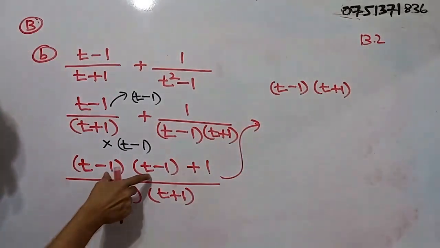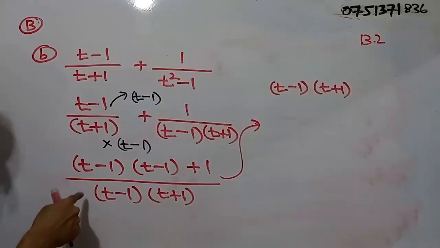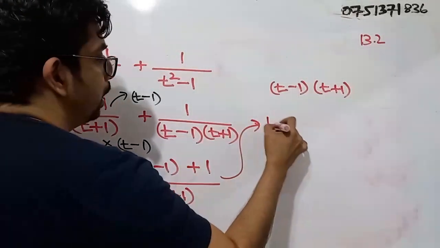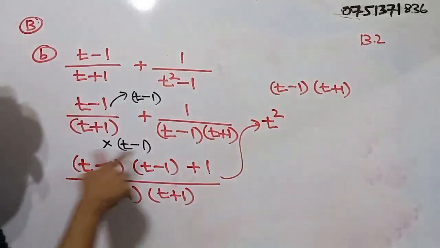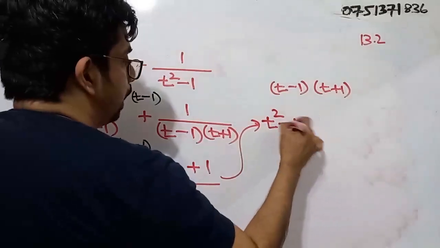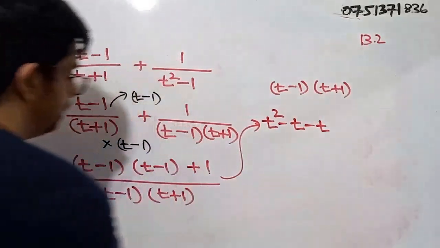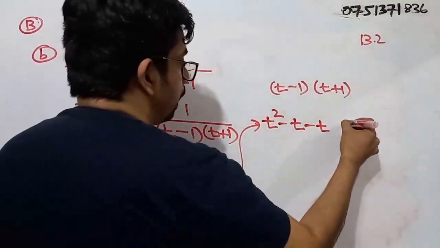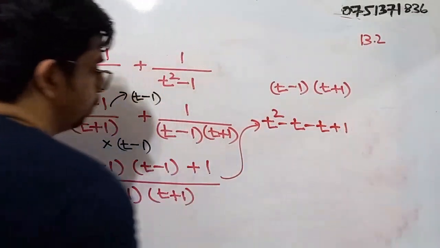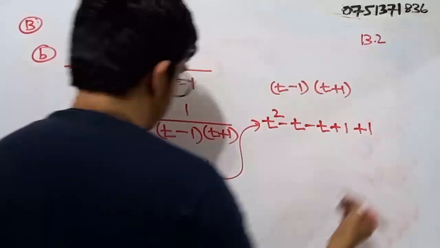So we have to simplify these binomial expressions. t into t should be t squared. t into 1 should be t, and it's negative. 1 into t is t, and also negative. 1 into 1 is 1, and it is positive. Then plus 1.